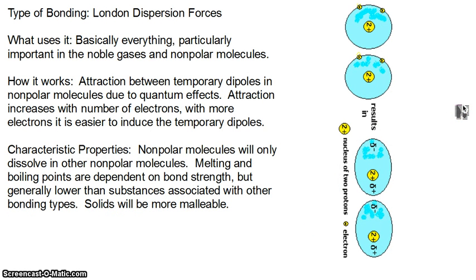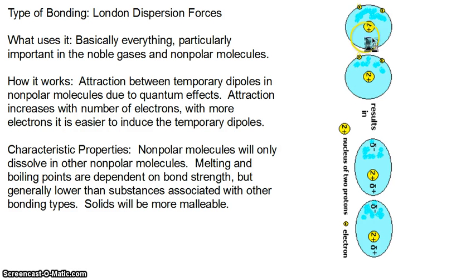Another type of bonding, or actually the last type we'll be talking about, is called London dispersion forces. Everything can use London dispersion forces, but it's really important when looking at noble gases or other uncharged atoms and then nonpolar molecules. It works because you have an attraction between temporary dipoles.